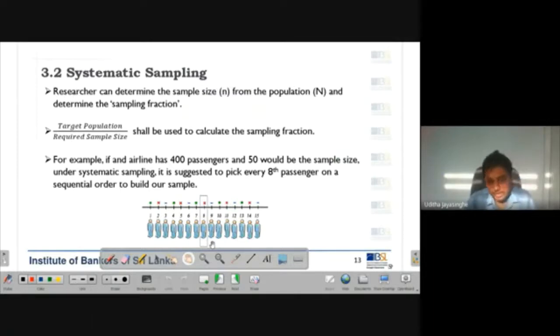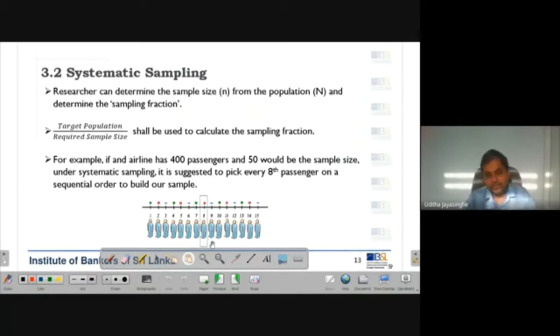Under systematic sampling, how are you going to do it? You're going to put them in a line, maybe their seat rows, maybe their attendance order, any order, and pick every 8th passenger in sequential order in order to build the sample.